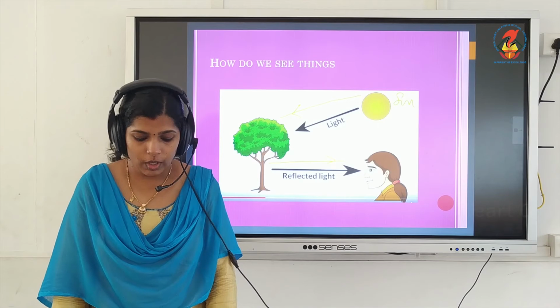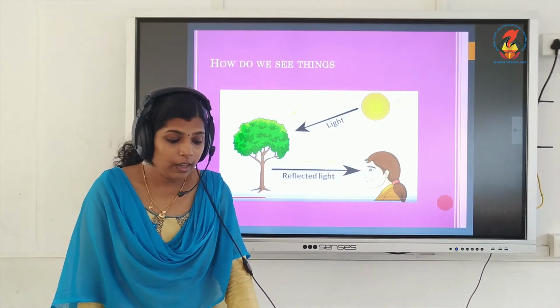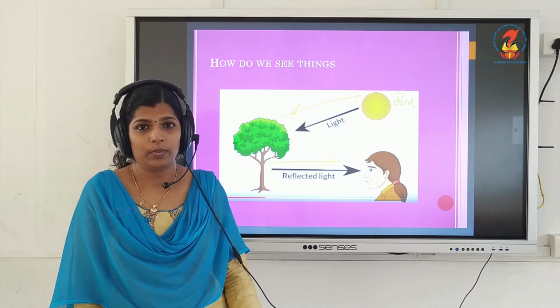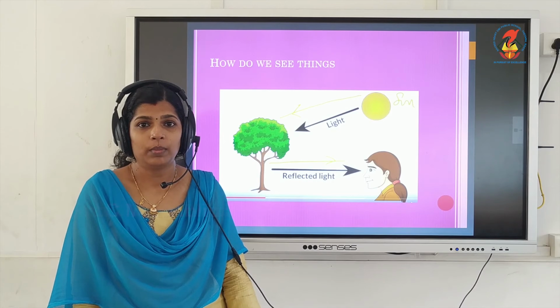Okay. You have seen the word ambulance written on that vehicle. In which way is it written? It is written in its mirror image form. Why is it written in the mirror image form?